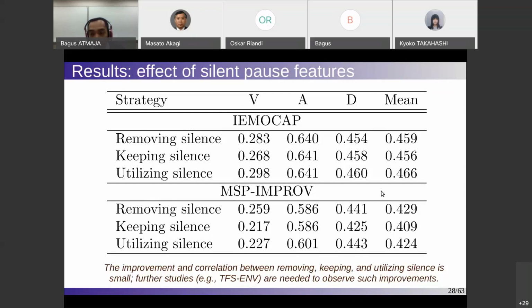So we can conclude here that, because the difference is only small, silence may contribute to emotion recognition, because if we remove silence or we add silence as an additional feature, it gives such improvement compared to the baseline of keeping silence.